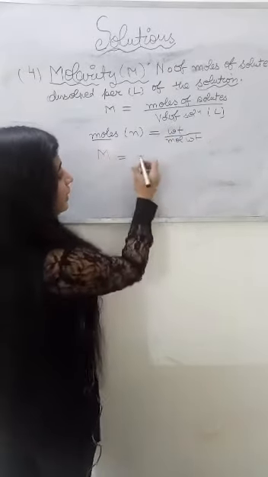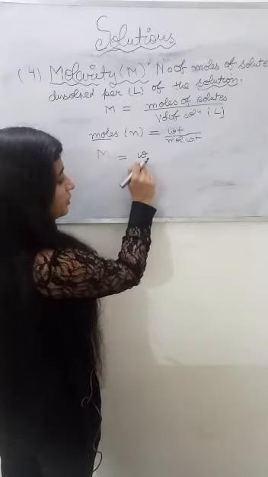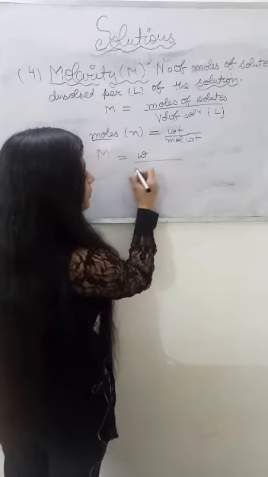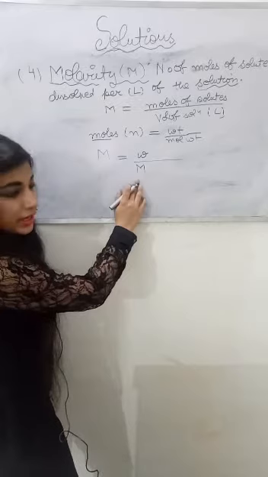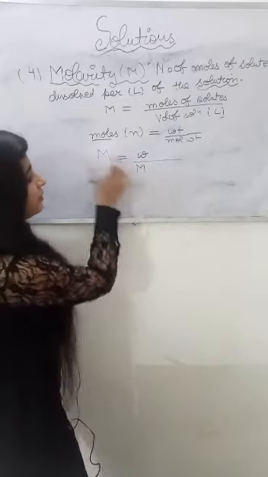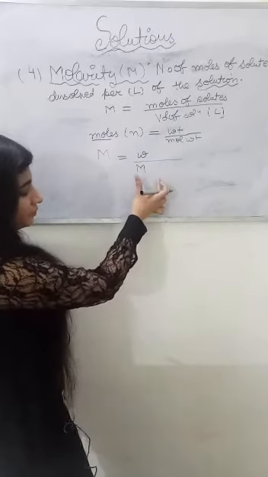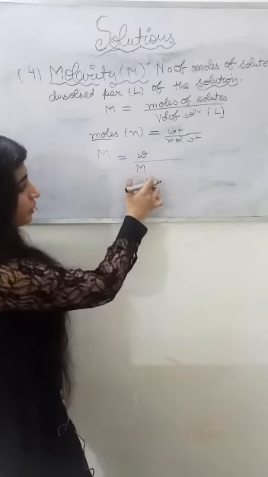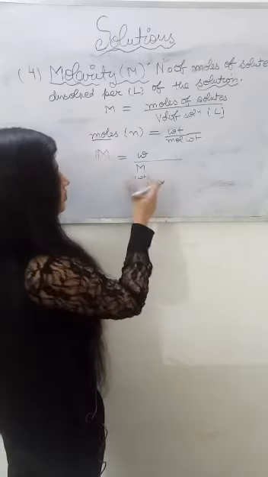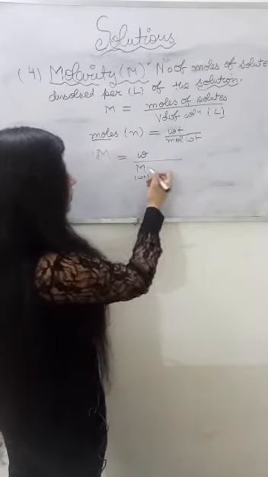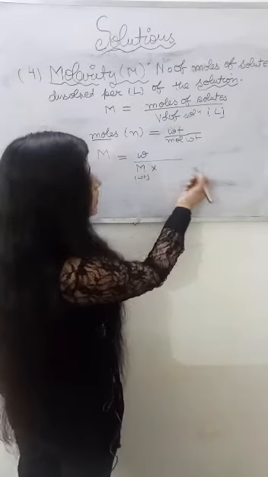So here we can expand it: weight, that is represented by small w, then molecular weight, that is also represented by capital M. So don't confuse between these two, which one is the molarity and which one is the molecular weight. This is molecular weight and this one is molarity. Then volume of solution in liters.